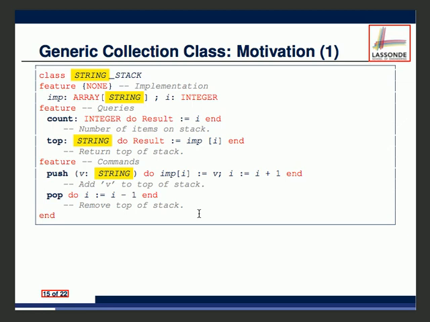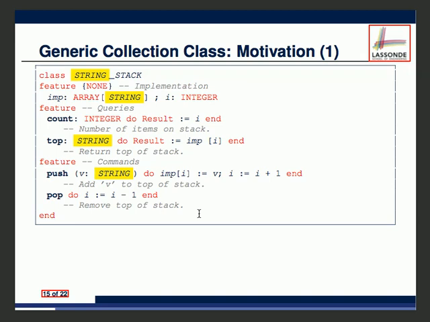So now let's focus on the top feature there. It returns a string because it's a stack of strings. Over there we say implementation at I, right? We simply go to the array and go to where I is pointing to. In this case, does it really matter the type of the elements we are storing? It doesn't matter, right?